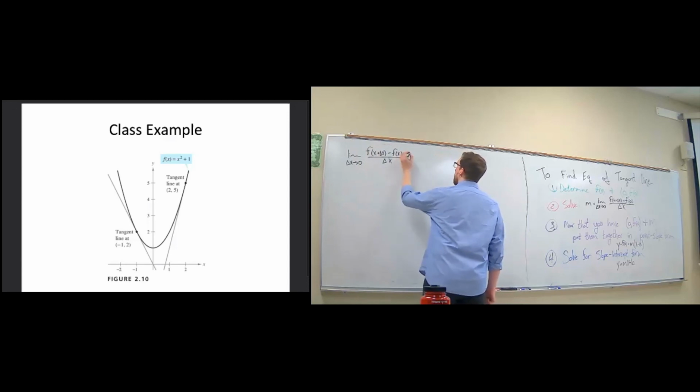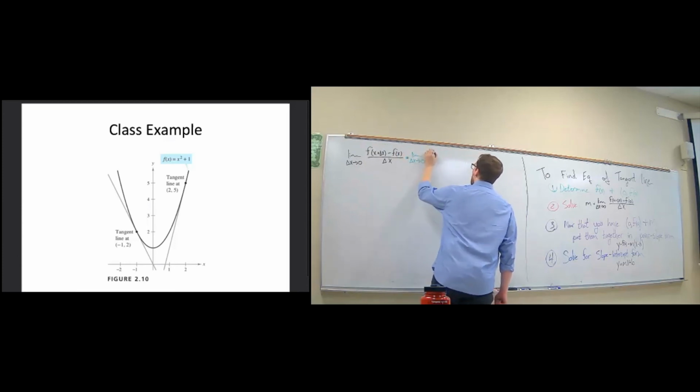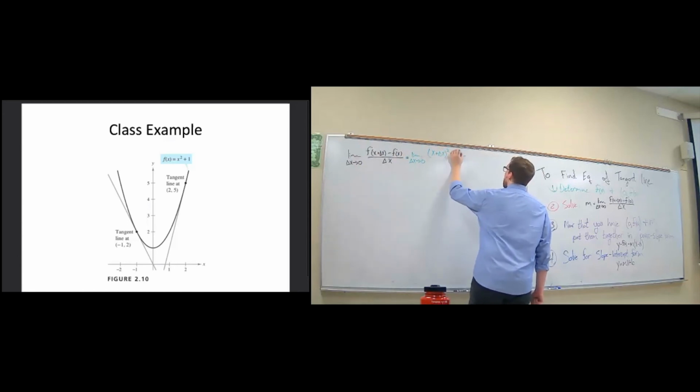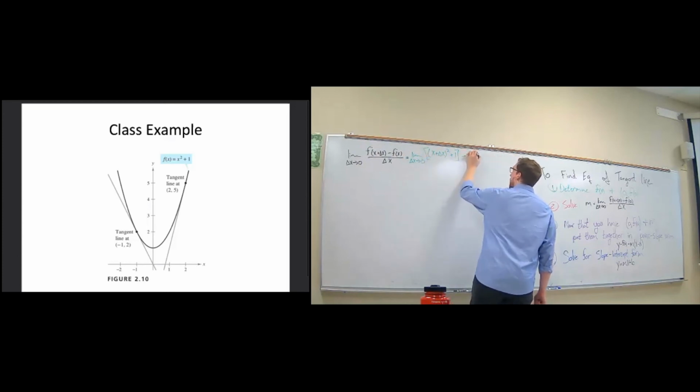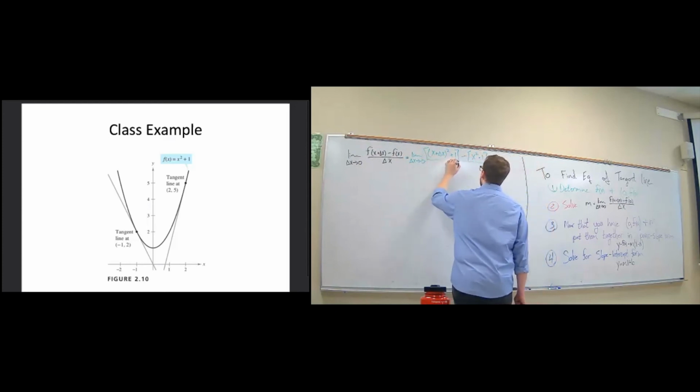Well, this is the limit as delta x goes to 0 of x plus delta x, that quantity squared, plus 1 minus x squared plus 1, divided by delta x.